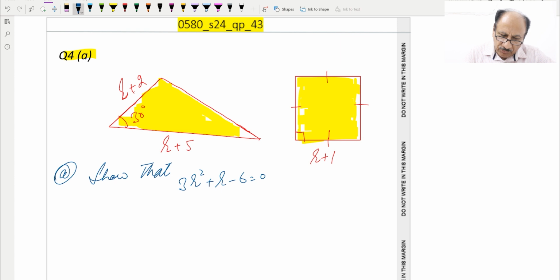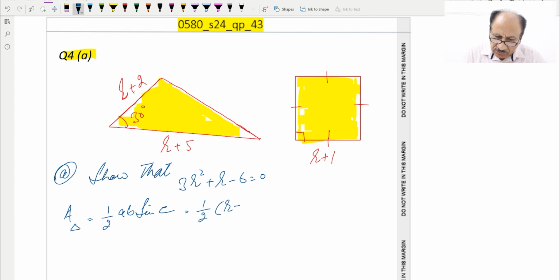So what we'll be doing, we will be writing the area of a triangle. So area of triangle is what? 1 by 2 into a b sine c. This is the formula which we will be applying, and this will be 1 by 2 into one side is r plus 2, and the other side is r plus 5, and sine of 30 degrees.